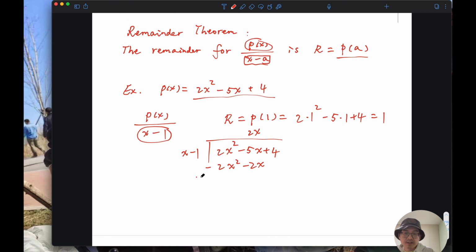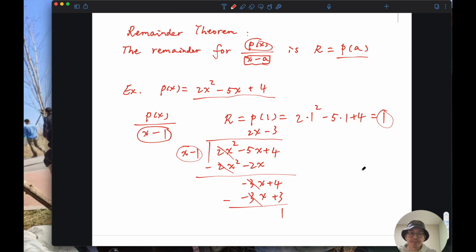And we subtract the result from the first expression. So we cancel out 2x squared, and negative 5x minus negative 2x is negative 3x, then plus 4. Then we multiply x minus 1 by negative 3 in order to cancel out negative 3x. Then subtract, so 4 minus 3 is 1, which is indeed the remainder that we just got, right?